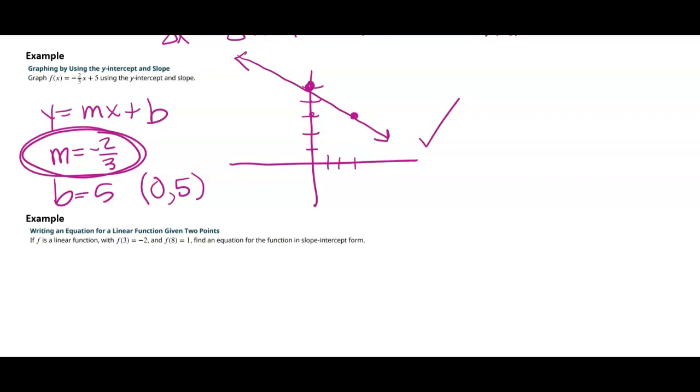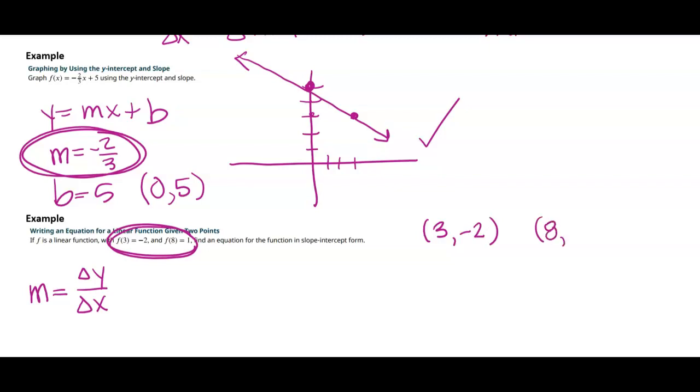All right, here's a little bit of a trickier equation. I don't give you b in this one, so we're going to have to solve for b. The first thing I want to do is find the slope, and I'm going to do that by finding the change in y over the change in x. Now, when this is written in function notation, sometimes I find it easier to write it in point form. So that's the point (3, -2). And this is the point (8, 1). Or when I plug in x equals 3, I get a y of -2.